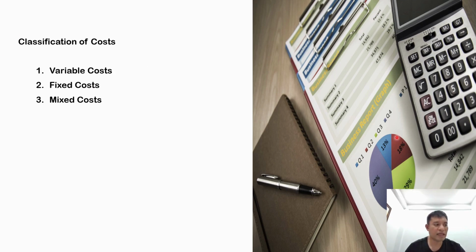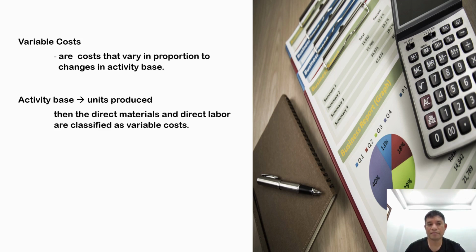Costs are normally classified. So the classification of costs are first, variable costs, second, fixed costs, and third, mixed costs. Let us define first what is variable costs.